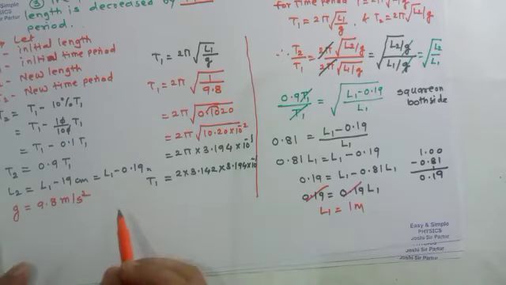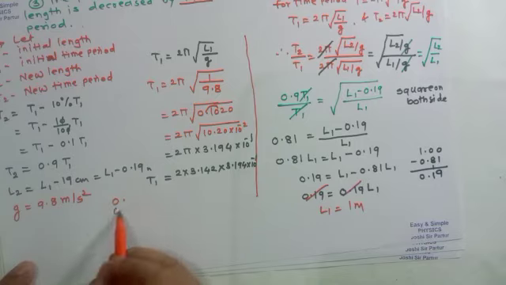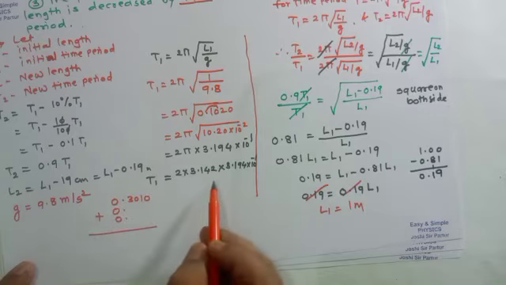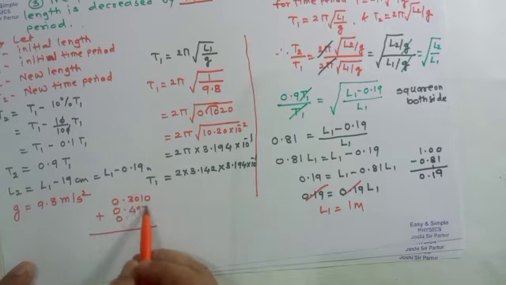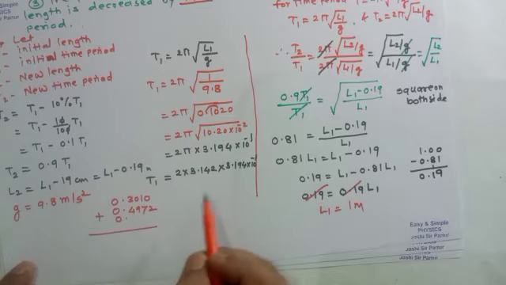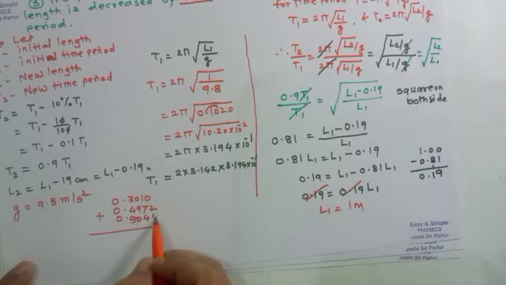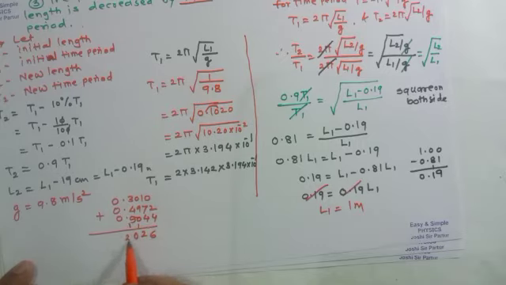By seeing the log of 2, 0 point, and add. Log of 2 is 3010, log of 3.142 is 4972, log of 3.194 is 5044. Adding, we get 0.3026. Take its antilog.